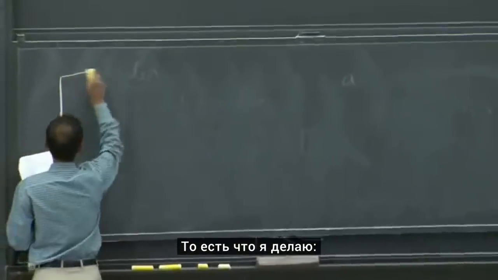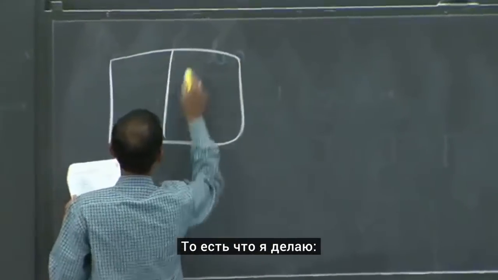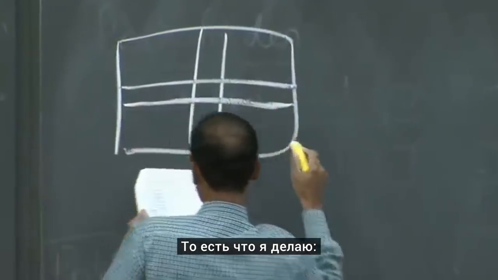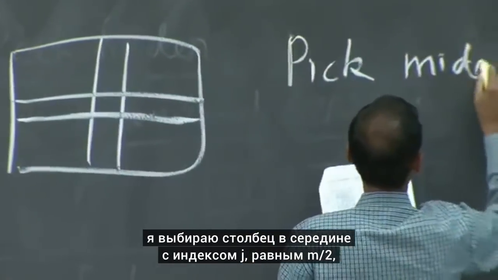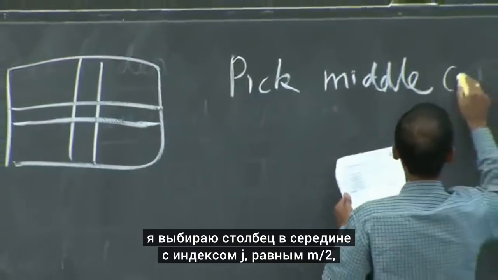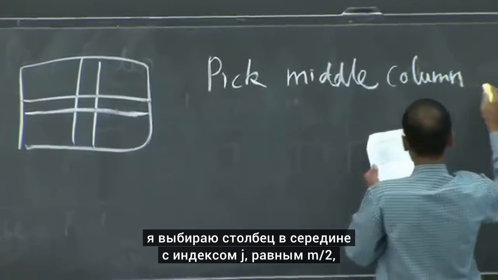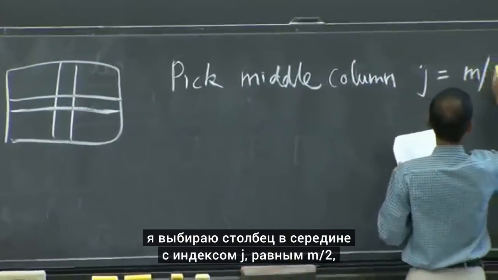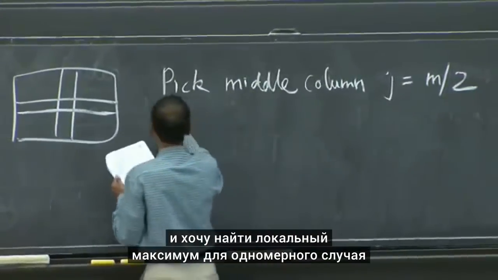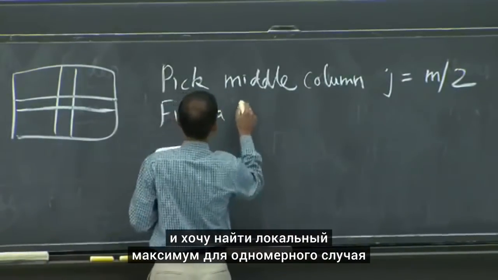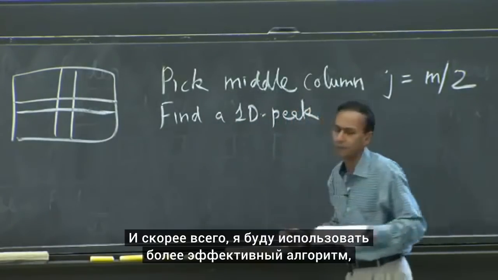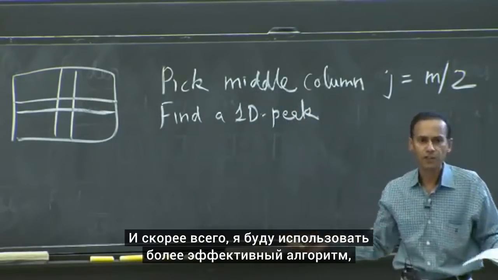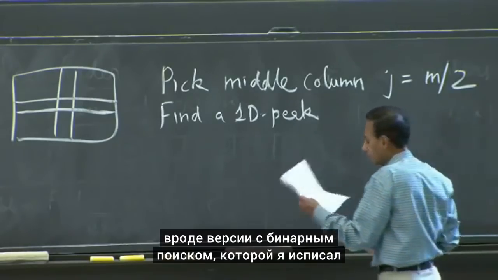So what I'm going to do is pick the middle column, j equals m over 2, and find a 1D peak using whatever algorithm I want, and I'll probably end up using the more efficient algorithm, the binary search version.